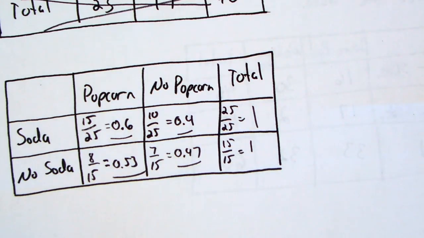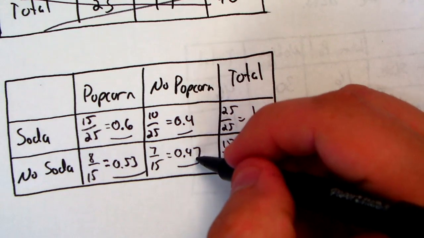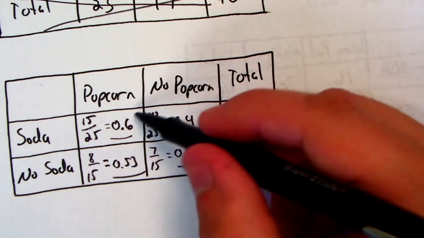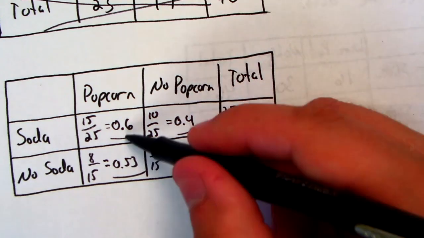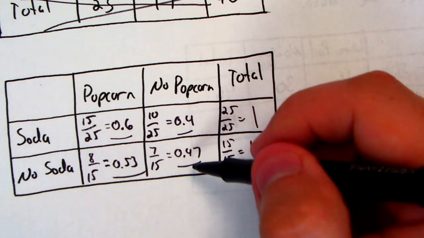Last thing we have to do is interpret those frequencies. There are a lot of different ways that we can do this. One of the ways is we can look at how many wanted soda and popcorn versus how many didn't want anything. We could also talk about soda and non-soda, or soda, popcorn, soda, no popcorn, no soda, popcorn, no soda, nothing.